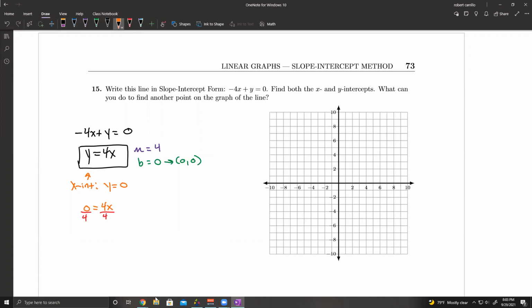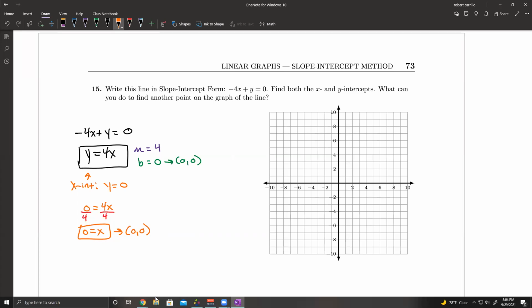And 0 over 4 is 0. And you get that 0 equals x. So my x-intercept is also 0. 0, 0. Okay, cool. So we have the x-intercept, the y-intercept, and we have the slope-intercept form.